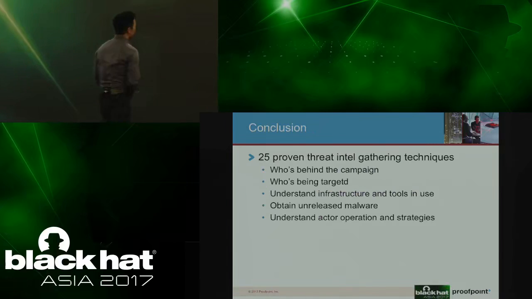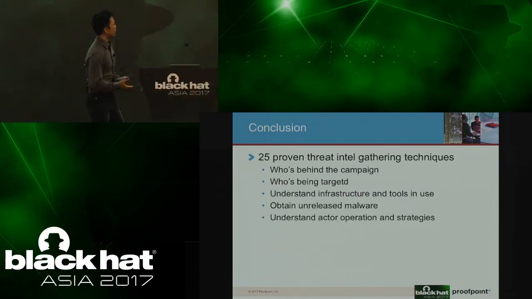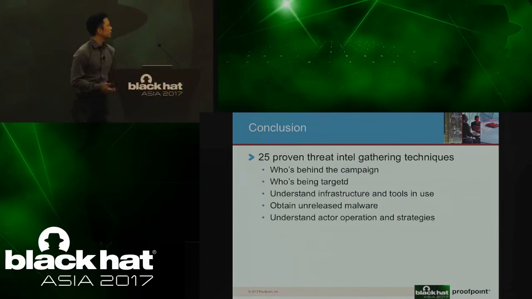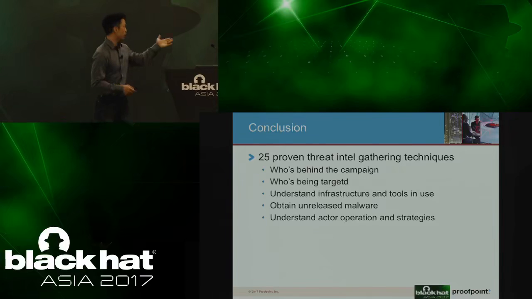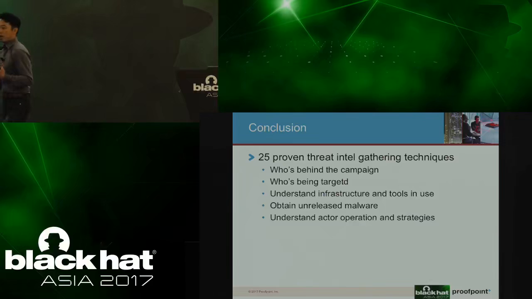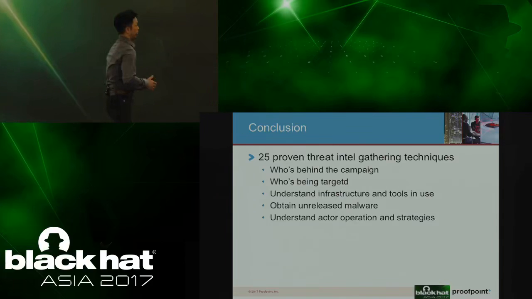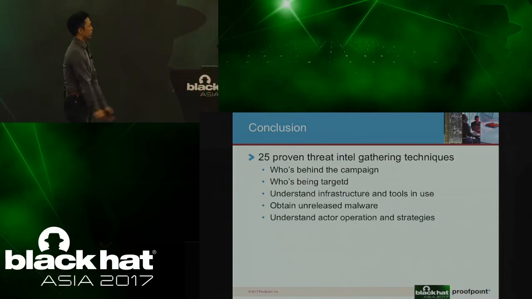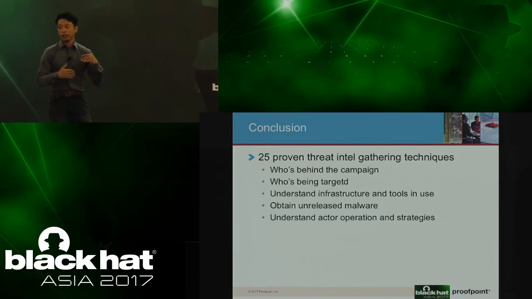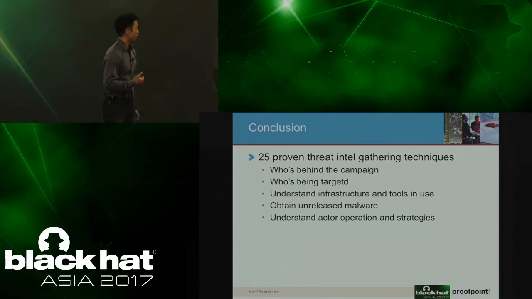Okay, conclusion. We have shown you 25 proven threat intel gathering techniques that would allow us to understand who's behind the campaign, who's been targeted, and understand infrastructure and tools in use. This explains why in our research we're able to disclose all of their tools, their processes, their infrastructures by using these techniques over a long period of time, tracking and doing attribution for the actors.